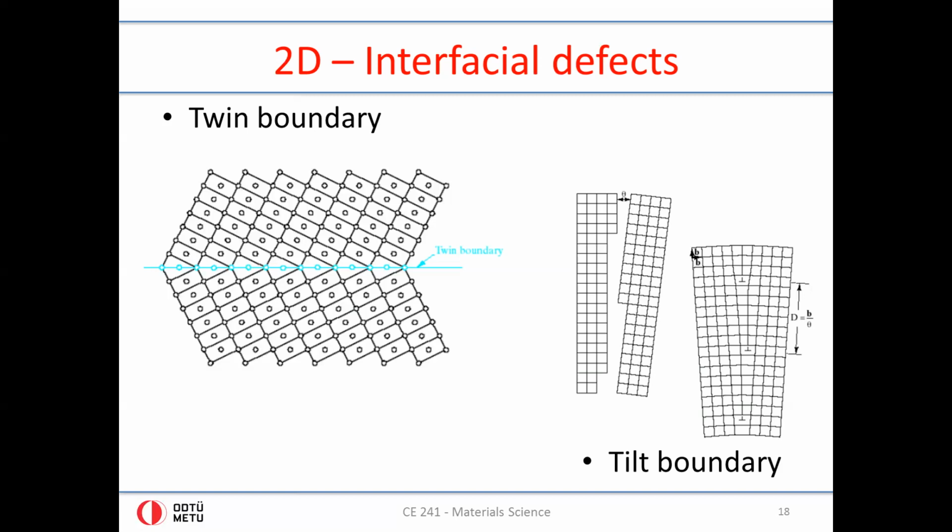But it's important to realize that this series of edge dislocations that we showed on the previous slides, this collection of edge dislocations shown by this perpendicularity symbol, is what makes it possible to join a crystal and another crystal at an angle to each other.